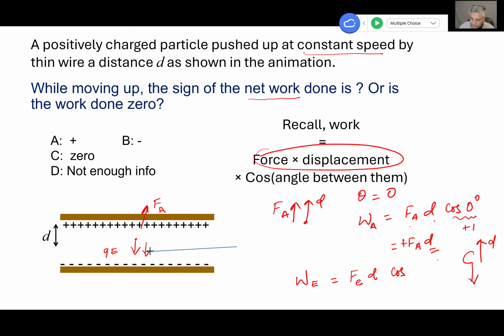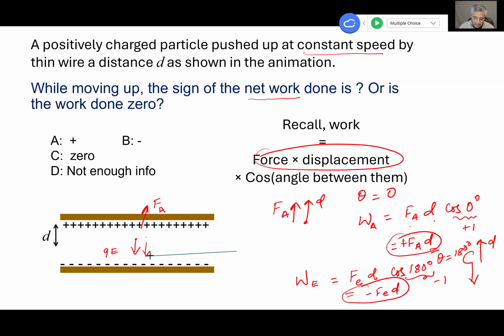So the angle between them is 180 degrees. And it becomes negative Fe times D, because cosine 180 degrees is negative 1. So this is positive, this is negative, and since this is moving with constant speed, both forces must be equal. So when we add these two, we're going to get 0.